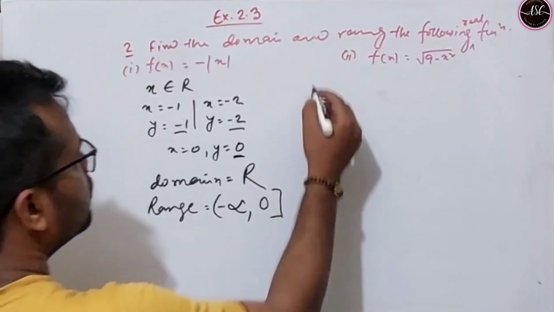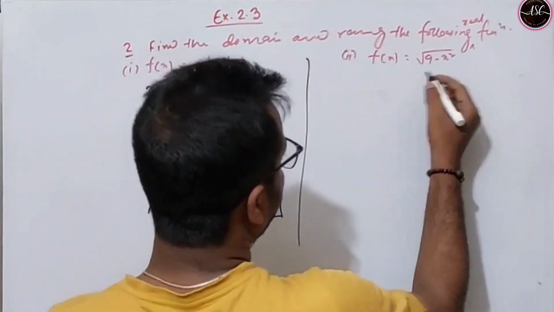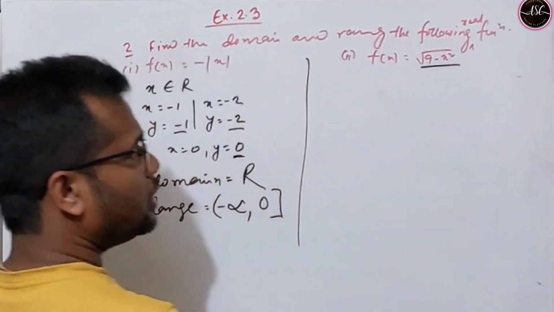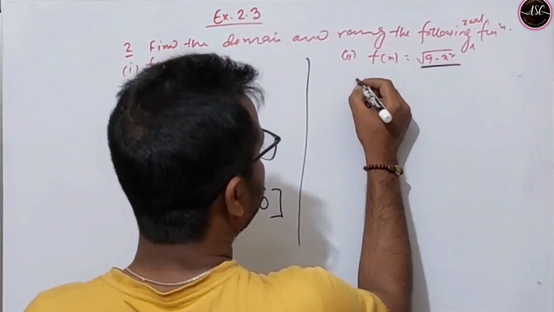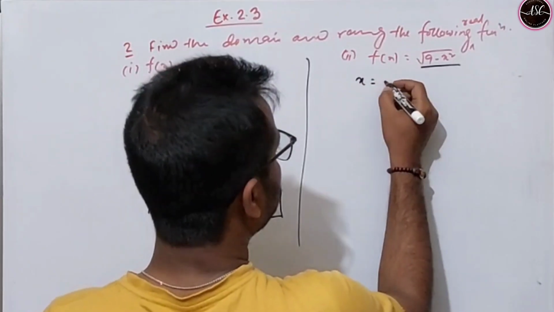Okay. Now question number 2. f(x) equal to root of 9 minus x square. So we put x equal to, just, minus 1.